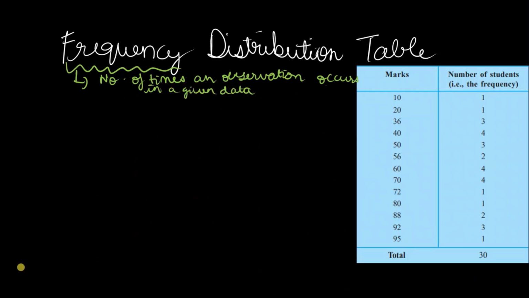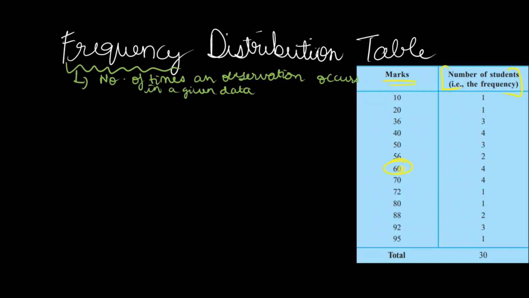Now in this table, on the side I have put one table. You can see that I have number of students, that is the frequency here, and I have the marks. According to the definition of frequency, what is the frequency of 60 marks? How many students have got 60 marks? 4. So the frequency is 4, because that is the number of times this observation occurs, right?